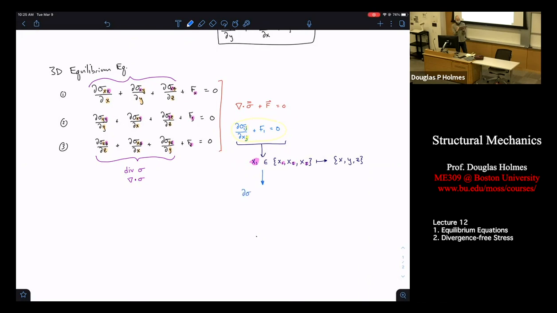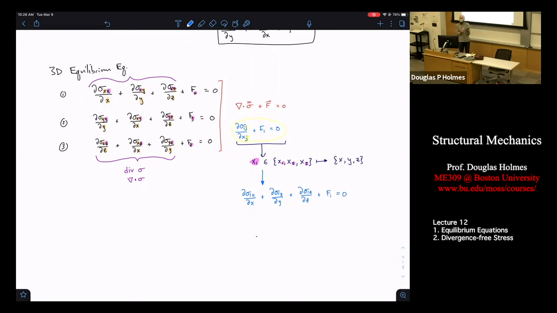So it looks like sigma_ix dx plus sigma_iy dy plus sigma_iz dz plus f_i.